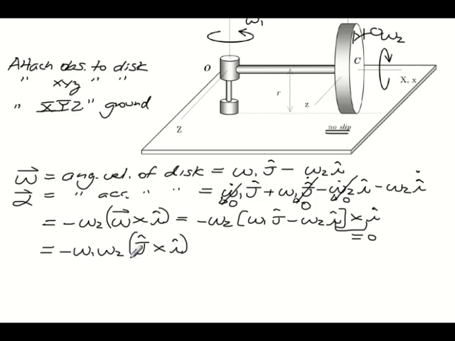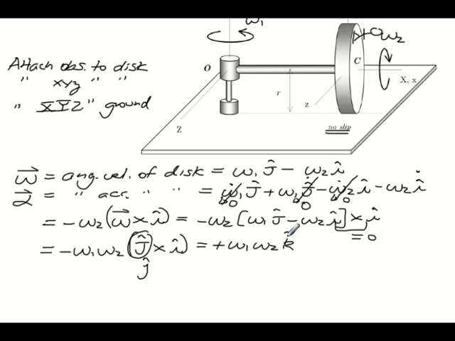Well, at the instant that we have shown here, the axes are aligned, so we can replace this with a small j. j cross i is a minus k, so this becomes a plus omega 1 omega 2 k. So that gives us our expression.